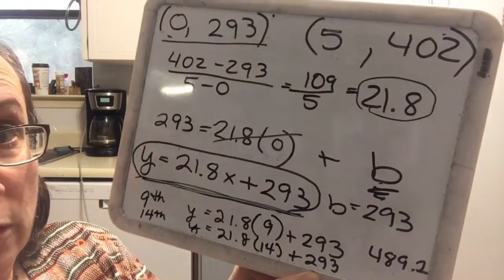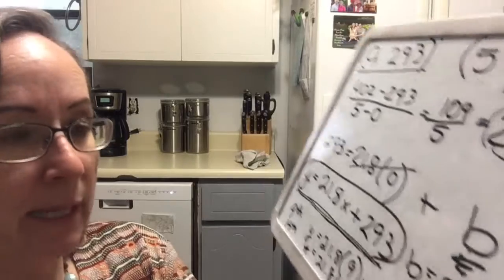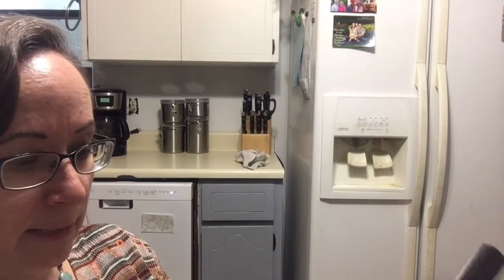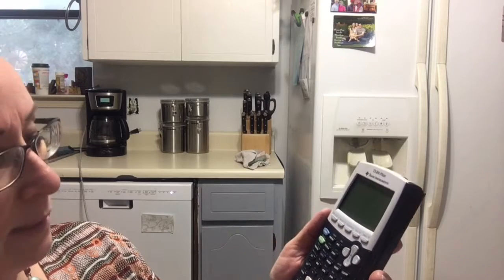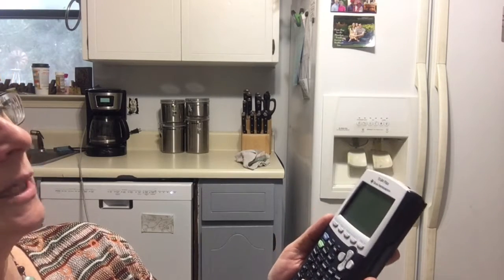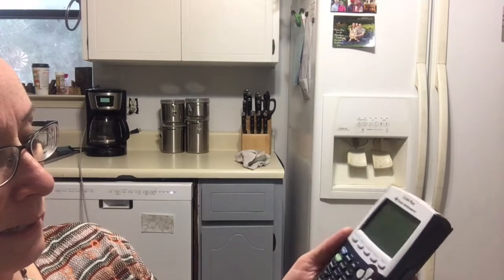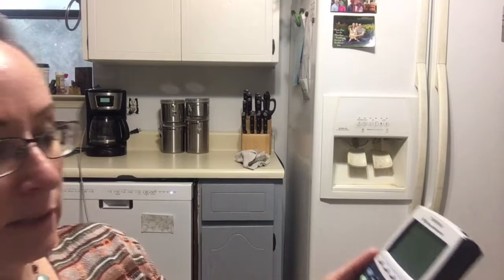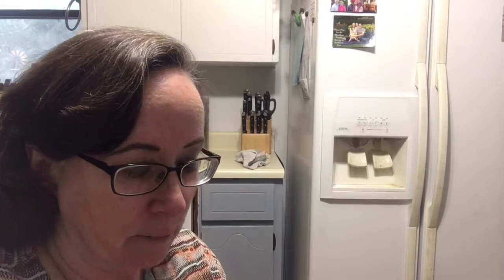Hopefully you're doing this at home on your board as well, or your paper. And then I'm going to do the 14th year, which is 21.8, which was the slope, times 14, which is the year we chose, and then plus 293, and that's going to give us 598.2.